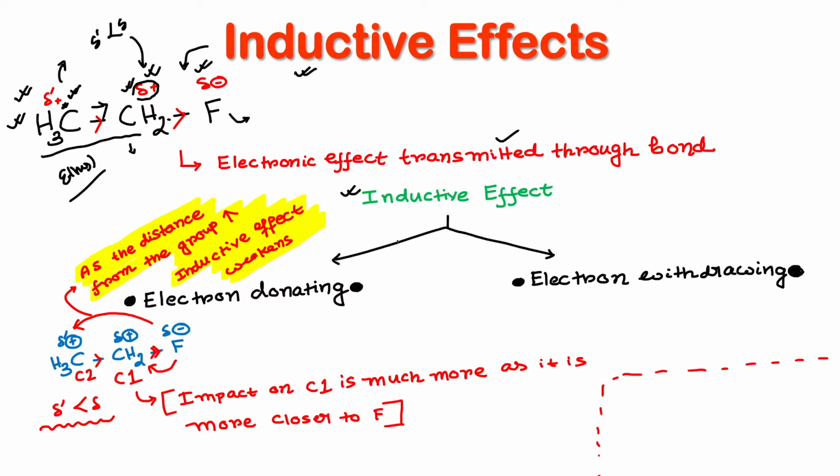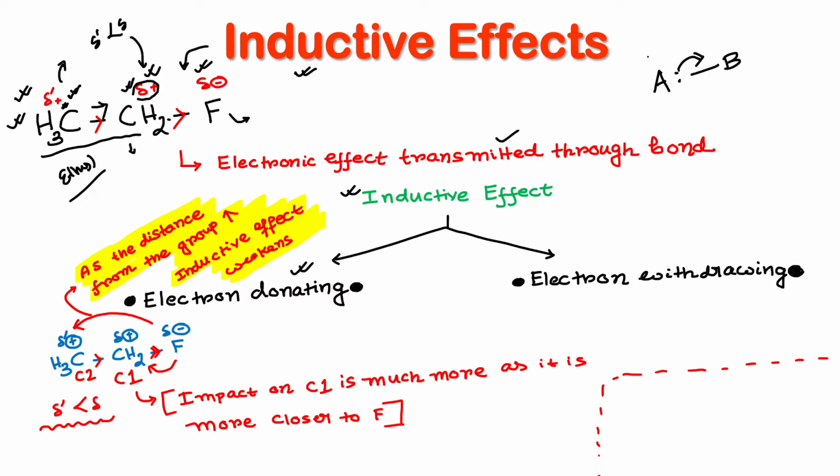But there can be another type of inductive effect, called the electron donating inductive effect. Instead of an electron withdrawing atom, there can be some atom like A which will try to give or donate more electron density to another atom that is bonded to it.